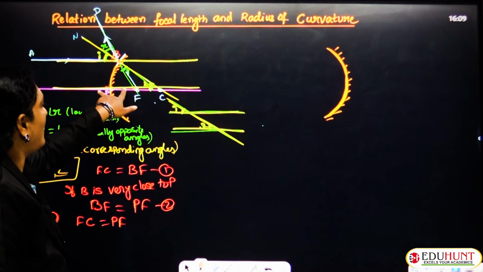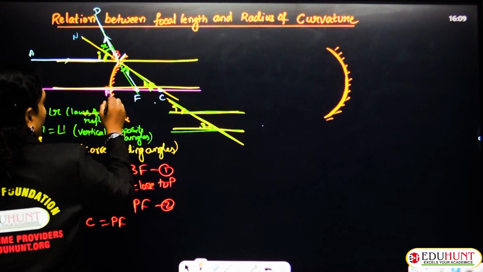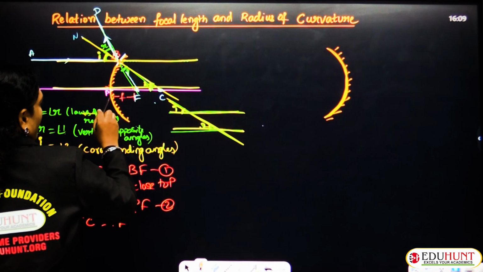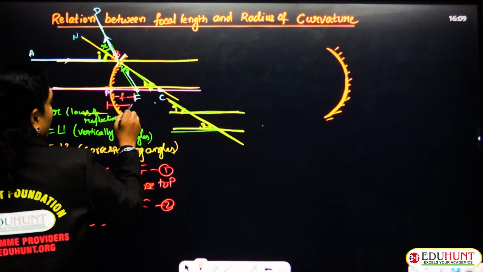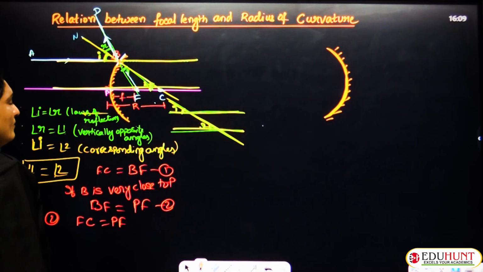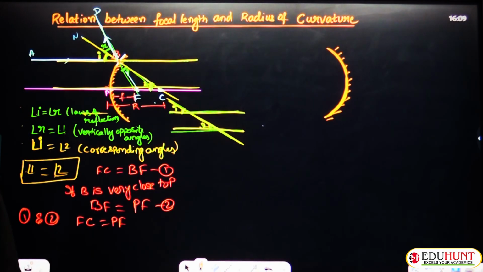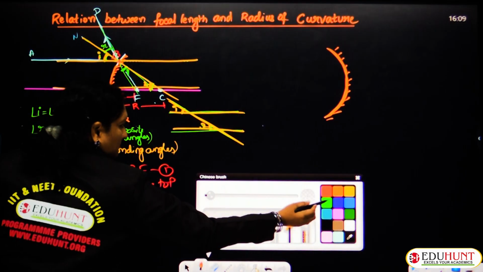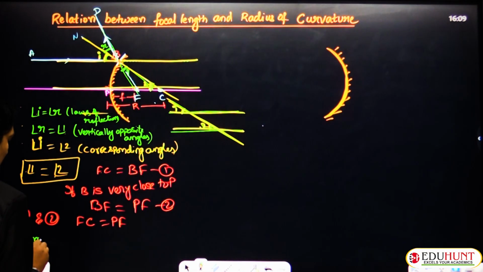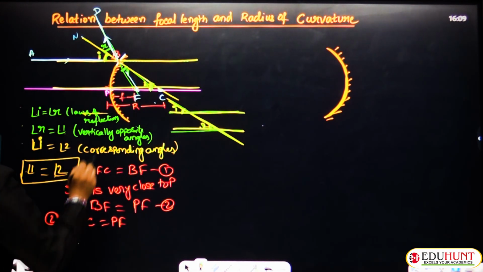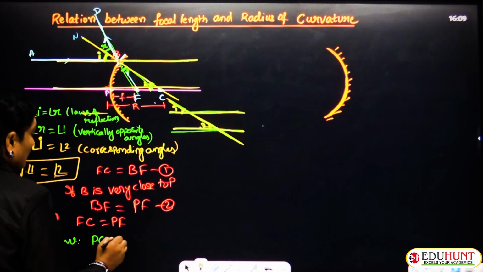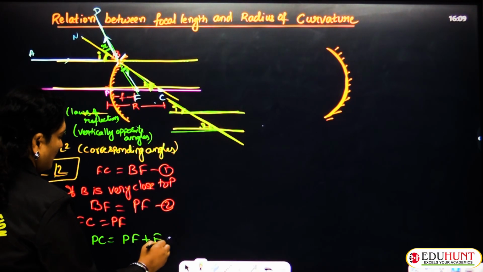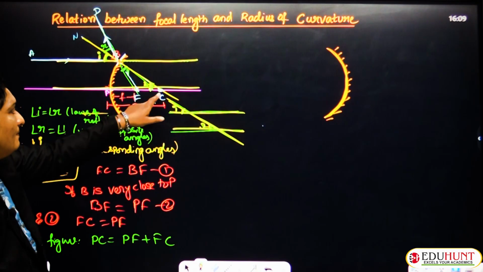So, this means these two values are equal. But we know that the length from the focus to the pole of the mirror, we represent as f, the focal length, and from the center of curvature to the pole, we represent it with R. So, from the figure, we observe that PC can be written as PF plus FC.